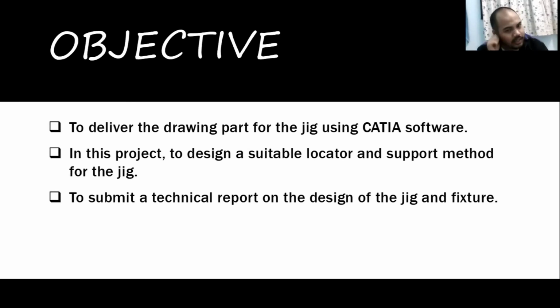In this project, we design a suitable locator and support method for the jig. This is the main objective. The lecturer gave us the part and we designed the jig, for which we chose the template jig. And we submit the technical report for the jig and fixture design. So, moving to my friend.